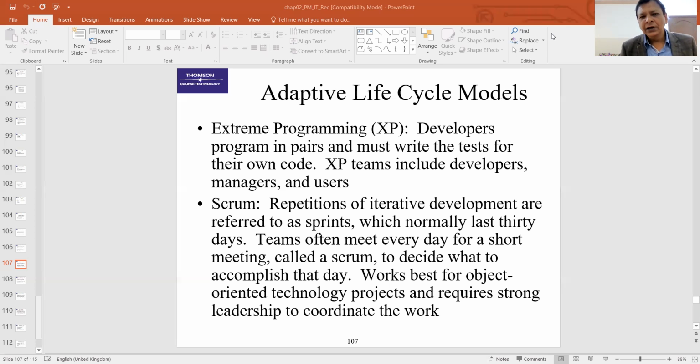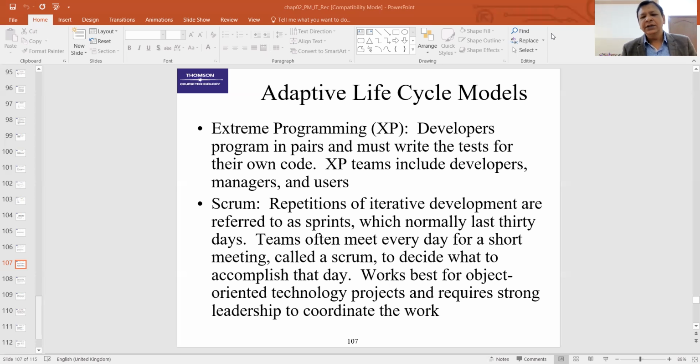Then we have the product owner. In XP, we call it product specialist, but in Scrum, we call it product owner. The product owner is a member of the team, as well as a representative of the customer, because it's not possible to have an on-site customer throughout the software development. He will go to the customer side to collect the requirements.